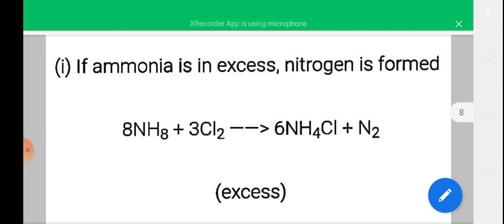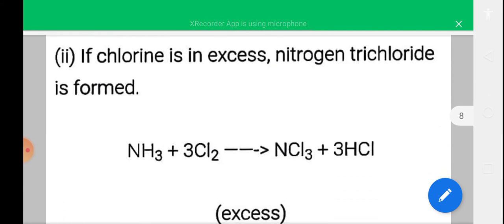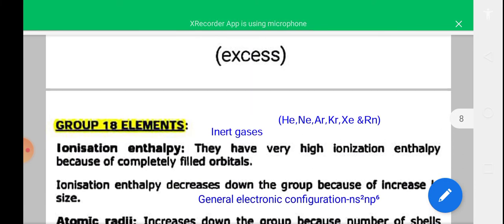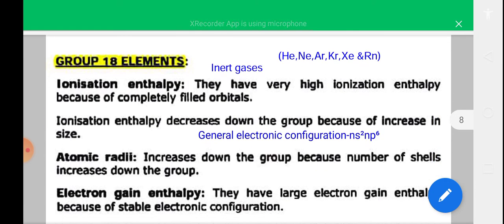So 8NH3 + 3Cl2 gives 6NH4Cl + N2. But if chlorine is in excess, then you will get nitrogen trichloride: NH3 + 3Cl2 gives NCl3 + 3HCl. So all the preparation and reactions of chlorine are important.